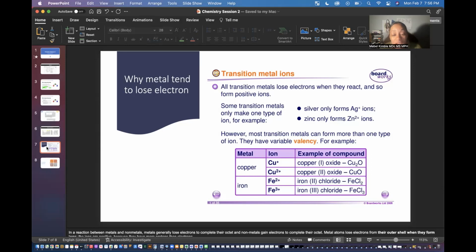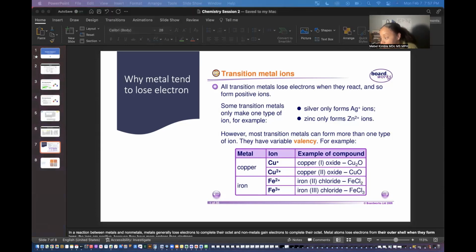Just like we said, positive means they're losing, right? One of the most popular transition metal ions is silver. Silver is going to be Ag+, which means it lost 1. Zinc is only going to form Zn2+, which means it lost 2, right?